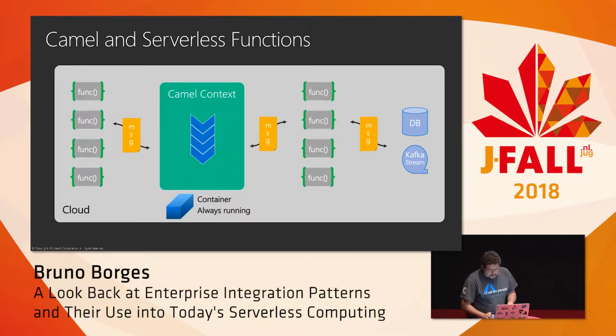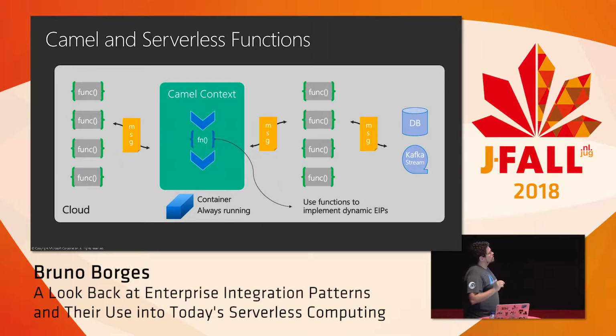The other thing that you can actually do is implement an integration pattern using a function. So imagine a message comes, gets into Camel, and then Camel's like, oh, I need to find the right route for this payload. Should I send to widgets or gadgets?